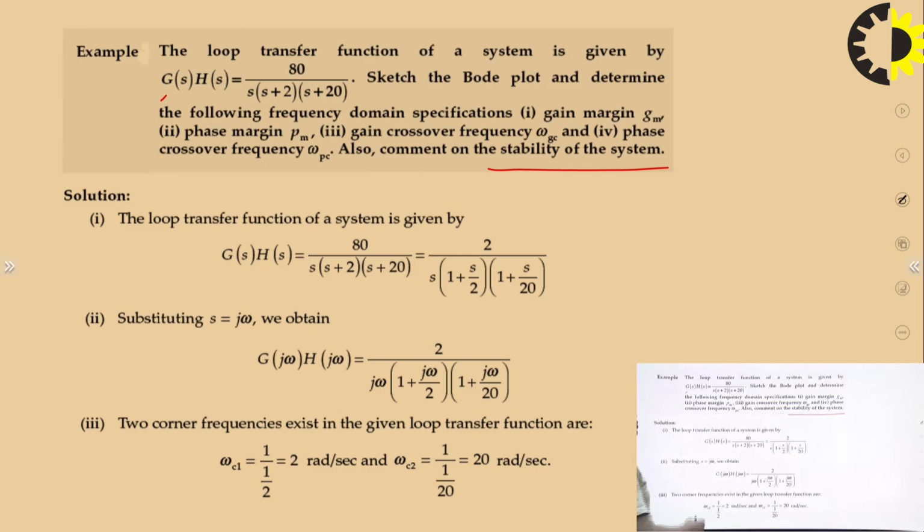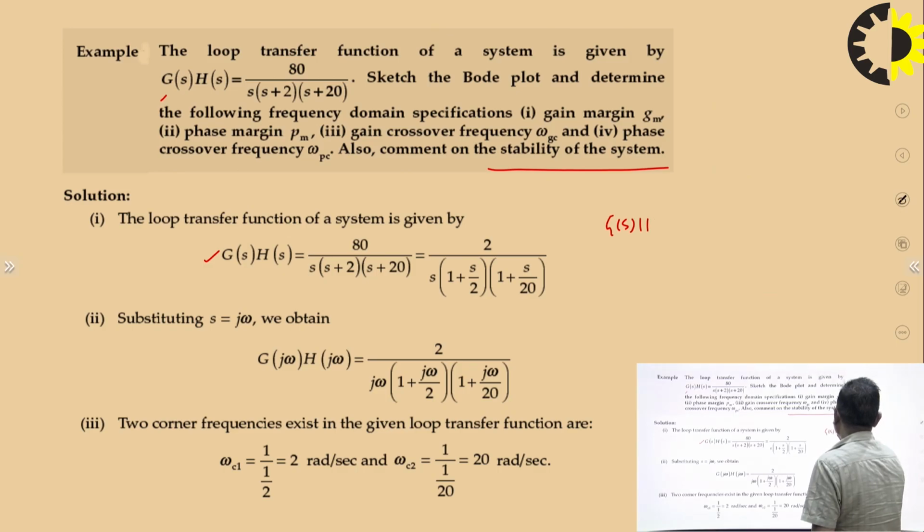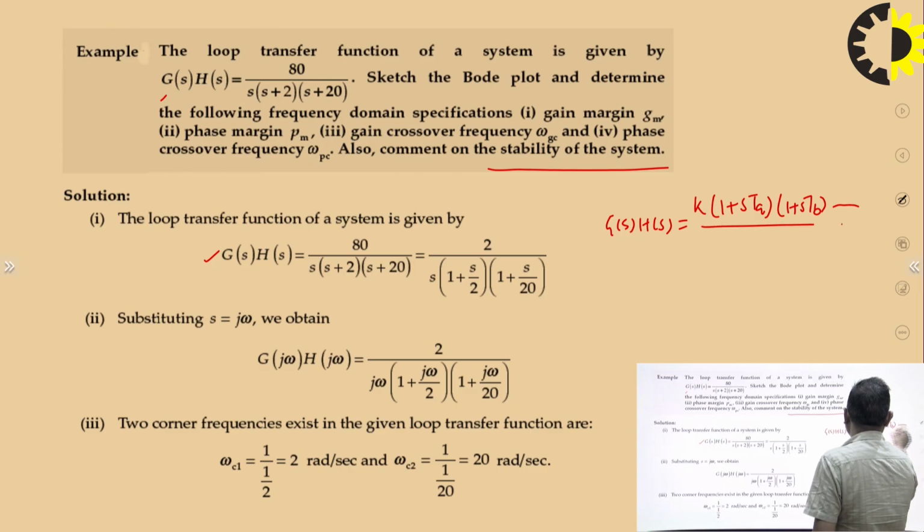This is the open loop transfer function given to us. First of all, we have to convert it into a standard form. The standard form is G(s)H(s) equals K times (1 plus sTa)(1 plus sTb) up to so on, upon s to the power n times (1 plus sT1)(1 plus sT2) up to so on.